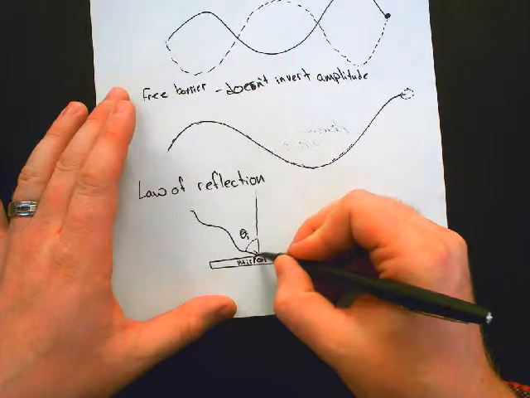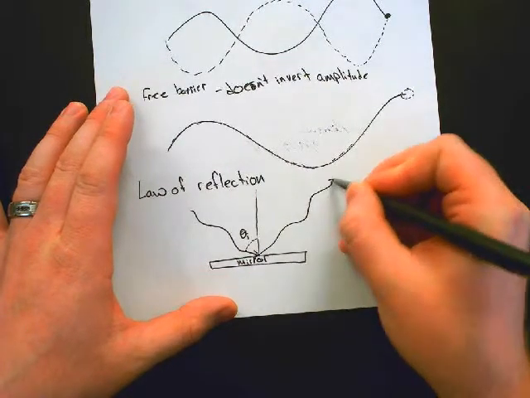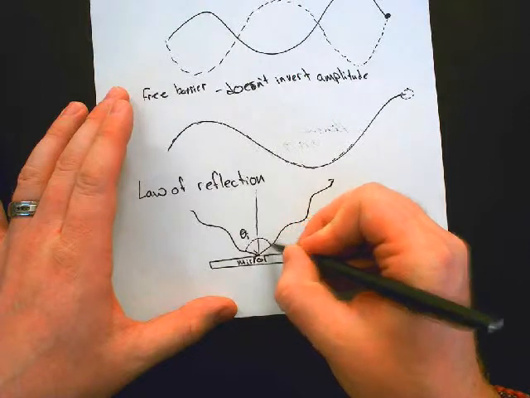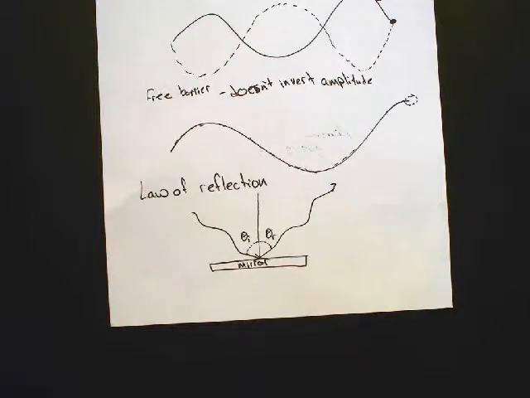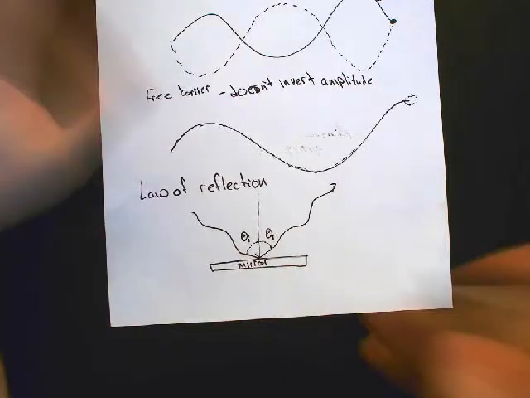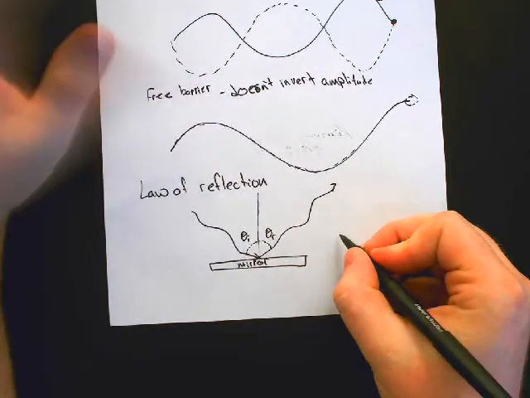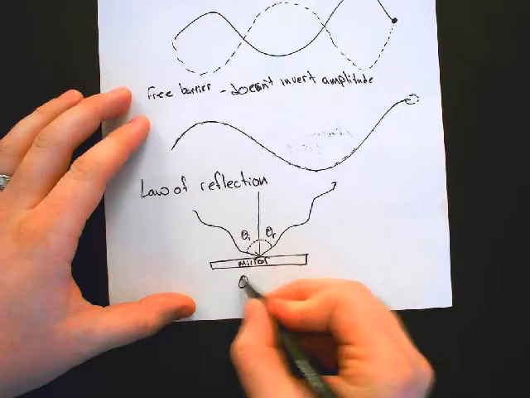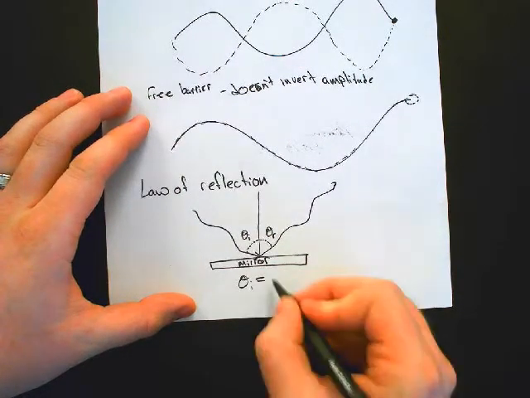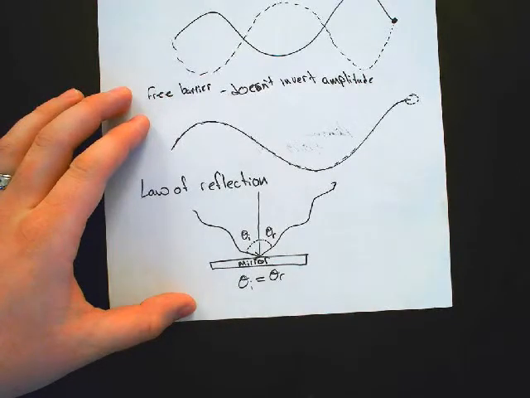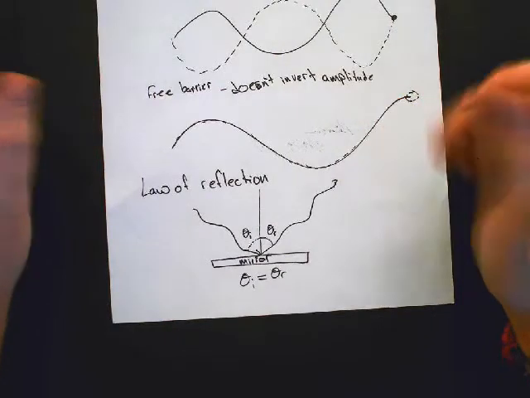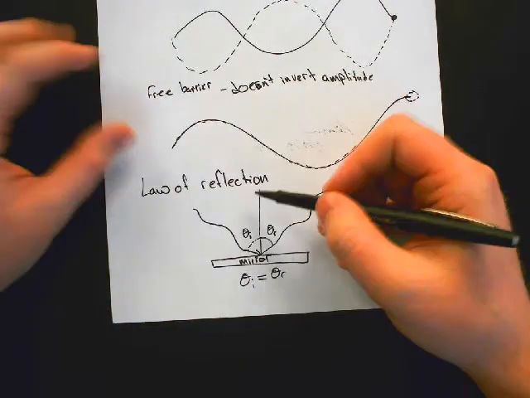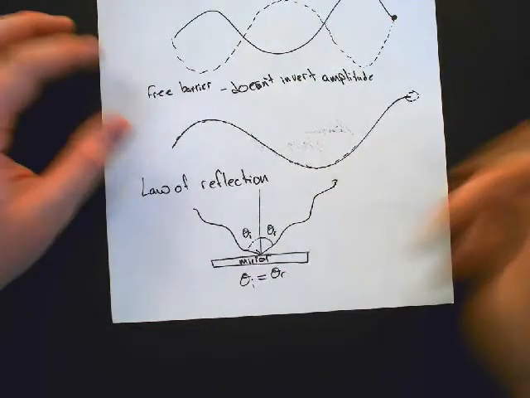Then the outbound wave would reflect at what we would call the angle of reflection, theta R. Now, this is probably the most complex equation we get all year, so make sure you follow it really close. For the law of reflection, what it states is that theta I is equal to theta R. So like I said, most complex one we get all year. The normal line exists because that's where you're measuring the angle from.